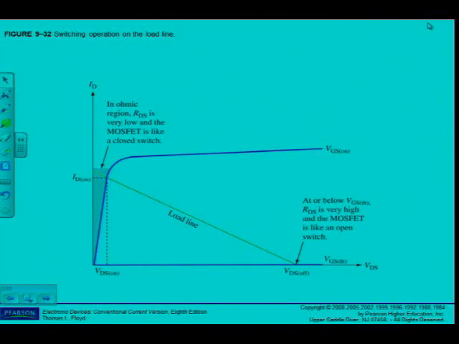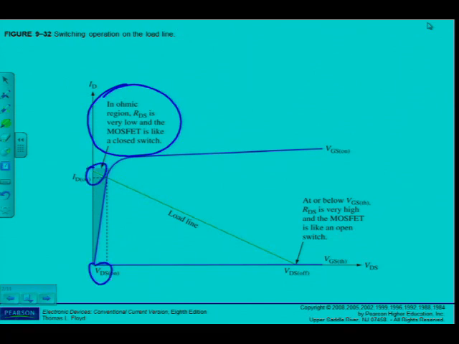All right, and we can see it here on figure 9.32, switching operation on the load line. So here I can see in the ohmic region, RDS is very low and the MOSFET is like a closed switch. So I will use it in this area.